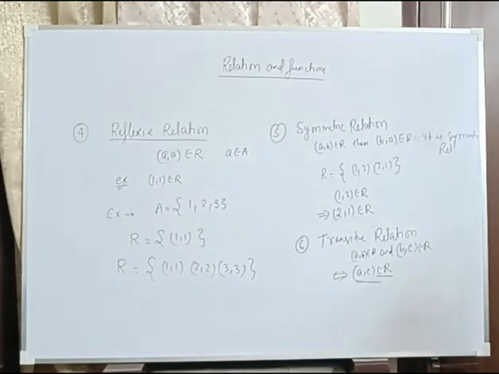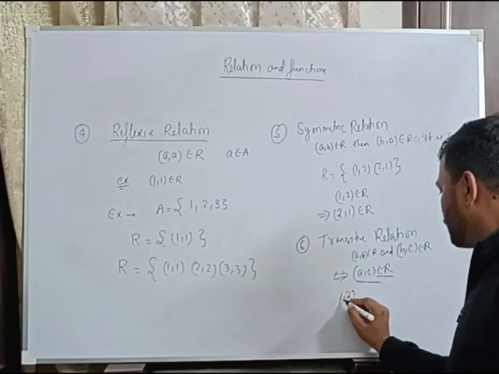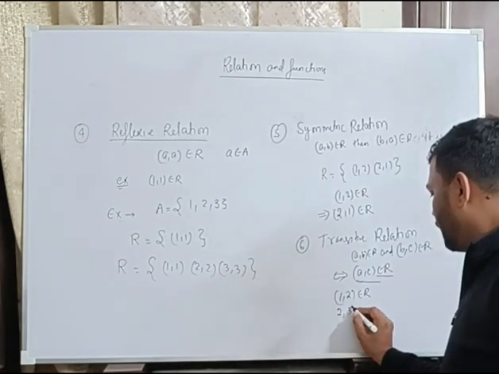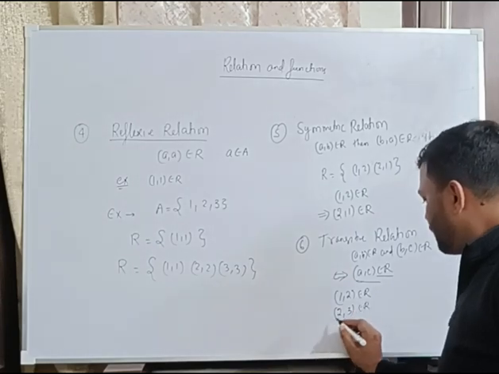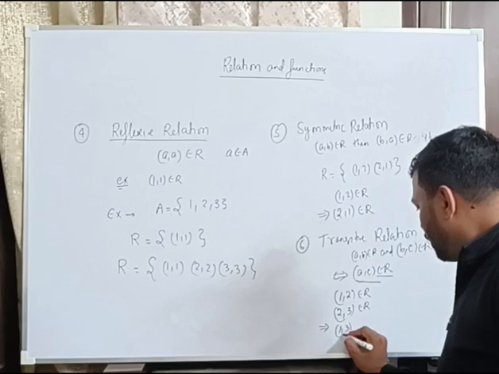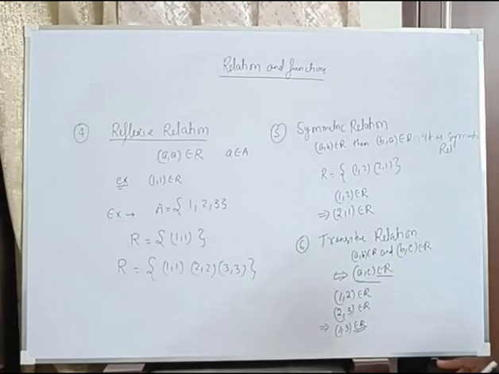Let me give you a simple example. Suppose 1 comma 2 belongs to R in a relation, and 2 comma 3 belongs to R. If and only if 1 comma 3 belongs to R, then only it is a transitive relation.